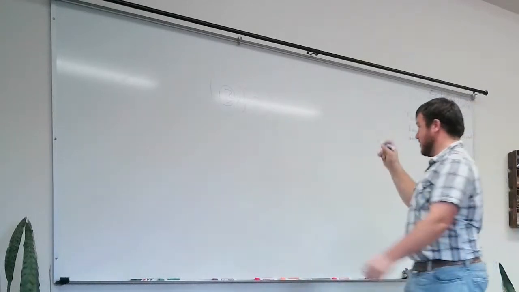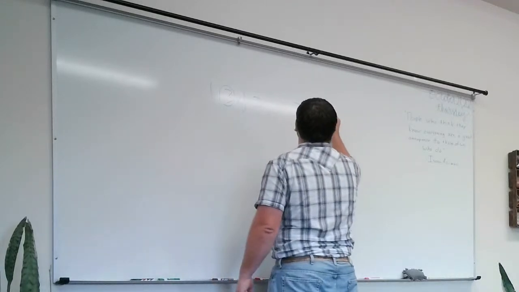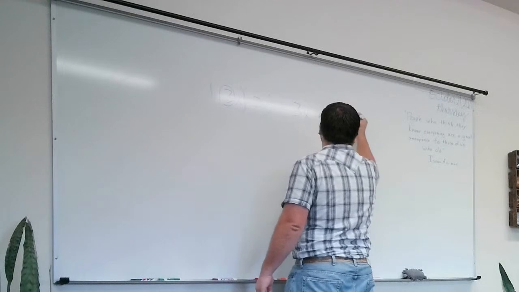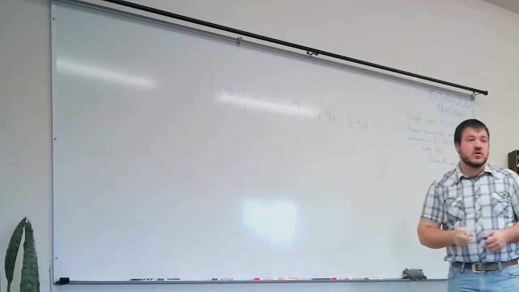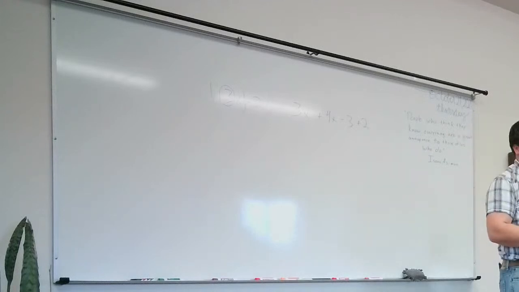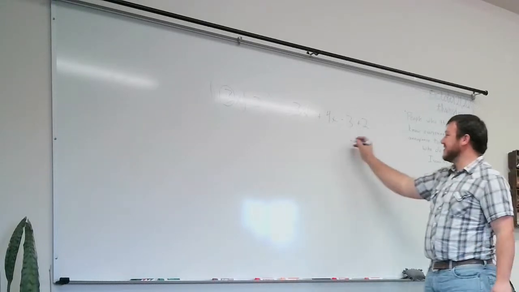So, if it says combine like terms, and you have 3x plus 4x minus 3 plus 2, how would you combine like terms? So you go negative 3 plus 2, which equals negative 1.